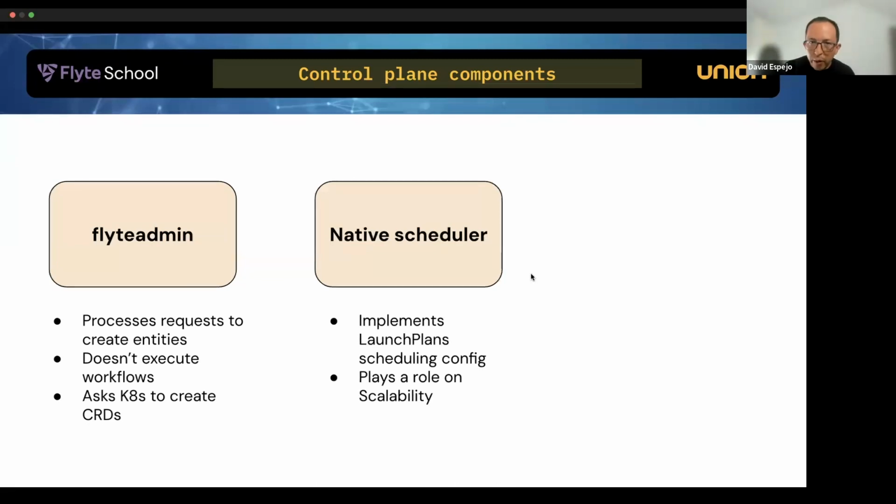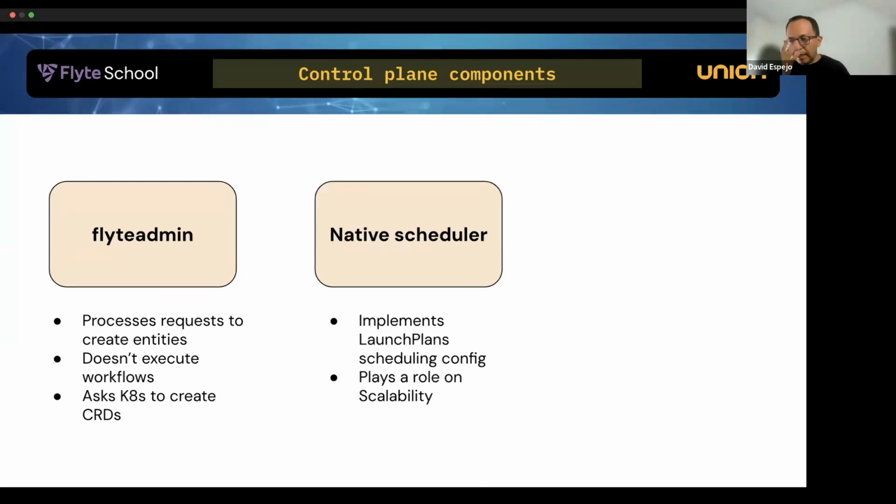The other component in the control plane is the scheduler. This is pretty cool in my opinion, and we'll explore it in a little bit. It basically implements one of the core objects in Flyte, which is the launch plan.